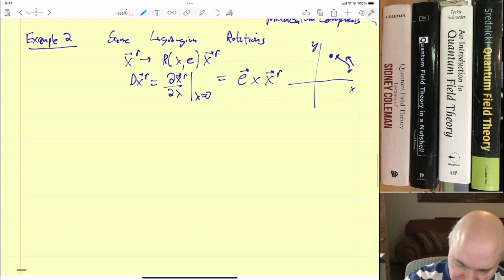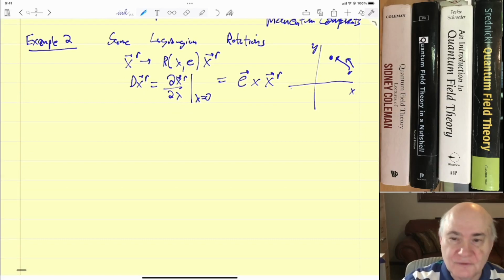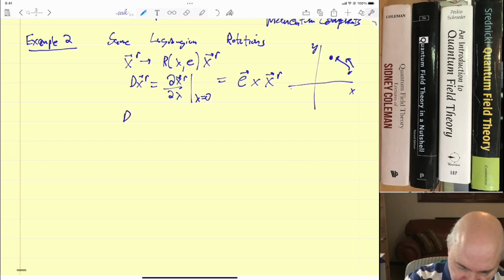Okay, I'm sure you all know this. It's very simple classical mechanics.